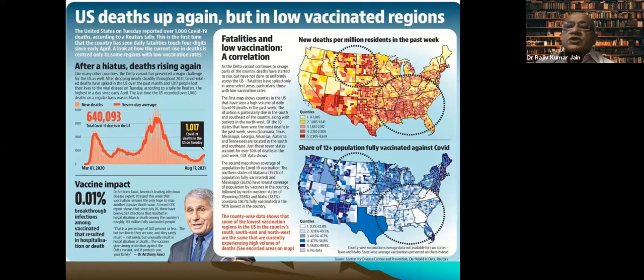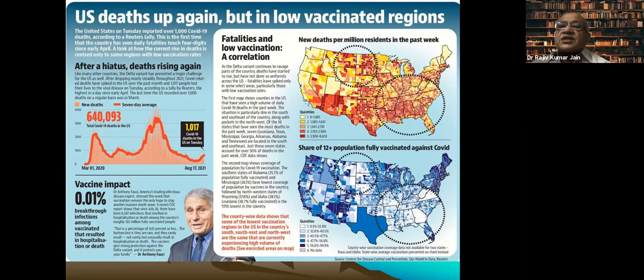The last time the US recorded over 1,000 deaths on a regular basis was in March 2021. And vaccine impact is 0.01% breakthrough infections among vaccinated that resulted in hospitalization or death. Fatalities and low vaccination, there is a correlation.